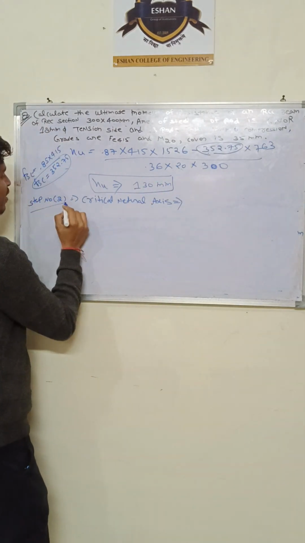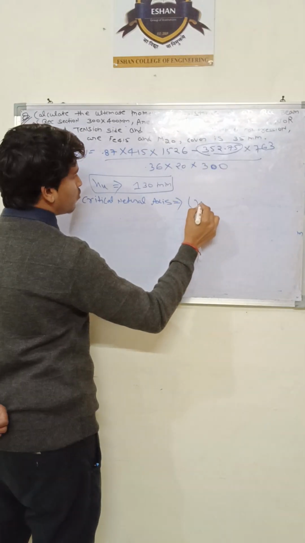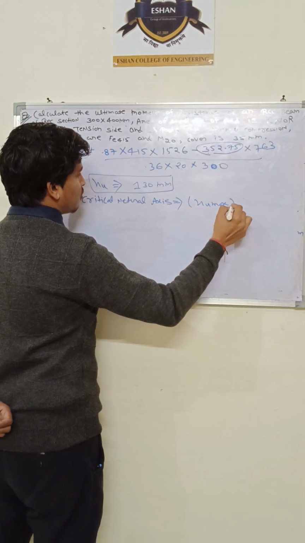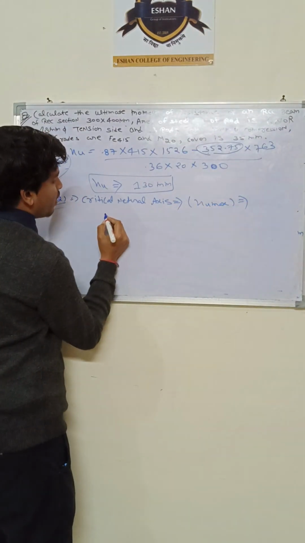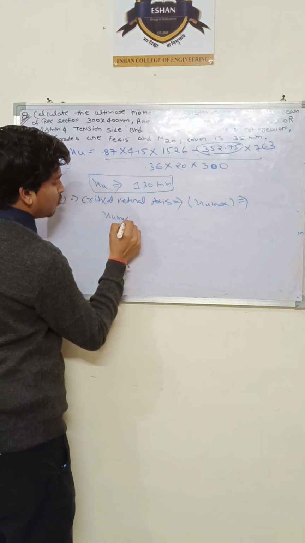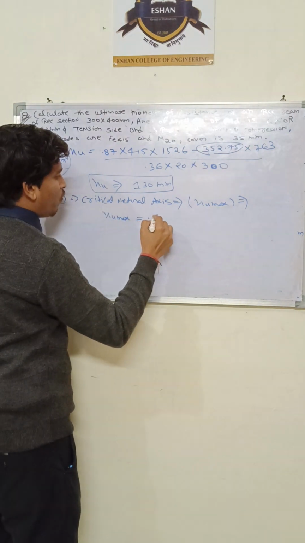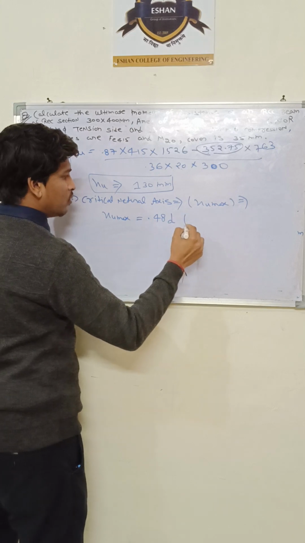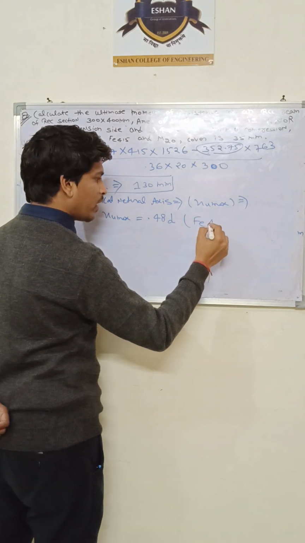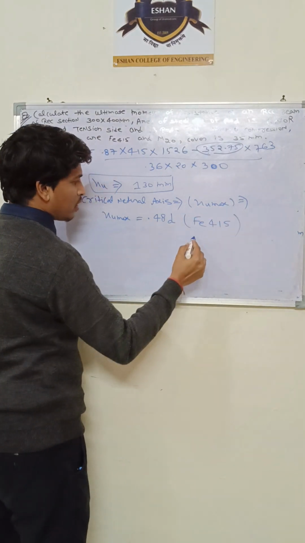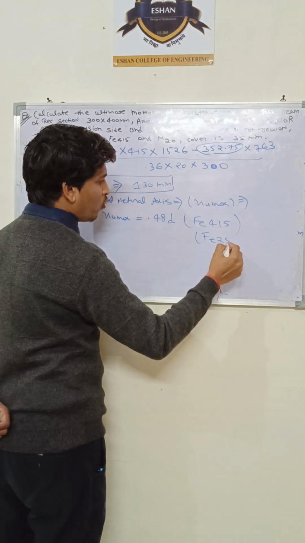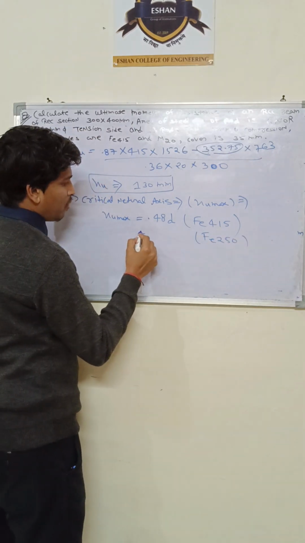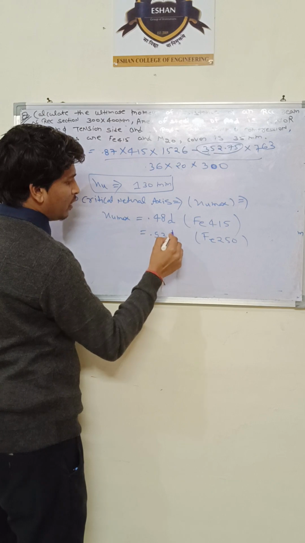Step number two is the critical neutral axis, denoted by Xu max. Its formula is Xu max equal to 0.48 d, and this is valid only if the grade is Fe 415. If the grade is Fe 500, the formula becomes 0.46 d, and if the grade is Fe 250, it becomes 0.53 d.